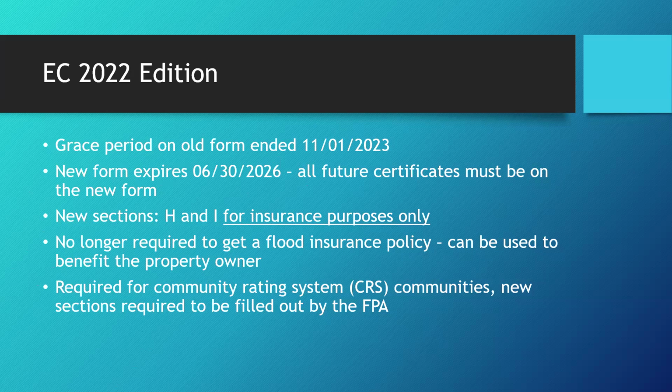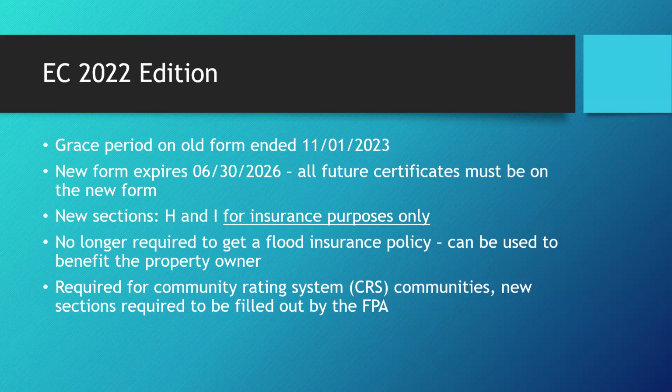FEMA released these sections to try to make it less burdensome on property owners who have to get a policy to be able to fill that out themselves rather than having to pay for a survey, probably on an existing structure. Like I said, a new structure in the special flood hazard area is already required to have certified elevation. So it's just in those cases where they need it for insurance purposes.